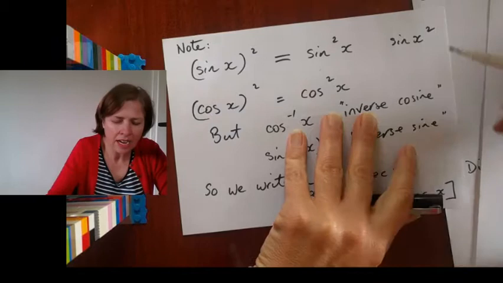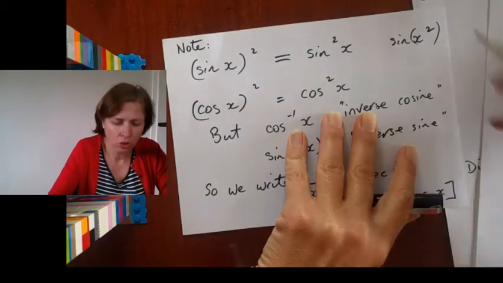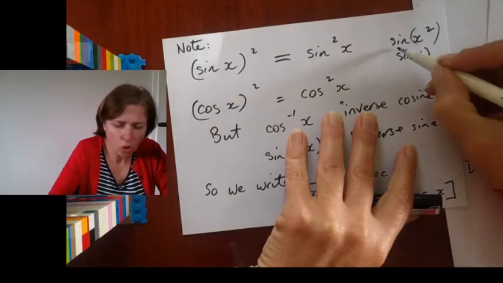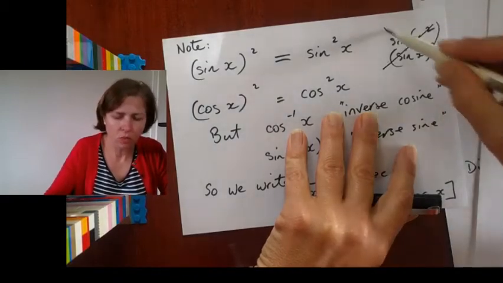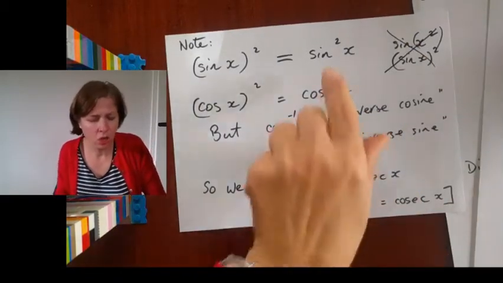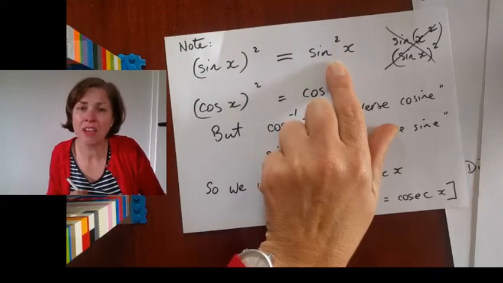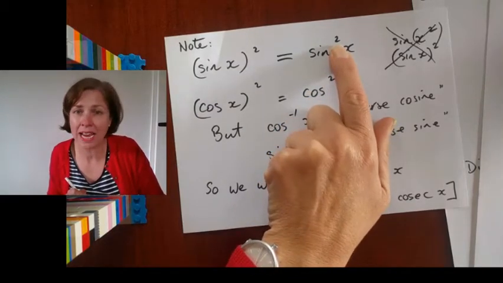Is that sine of x squared, or is it sine x all squared? So we don't use either of those notations. We use this, and now it's really clear that it's sine x all squared, okay?